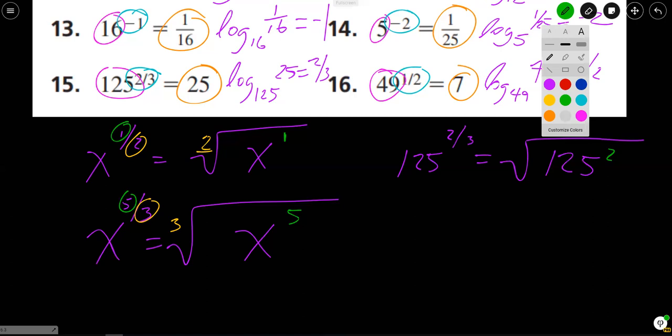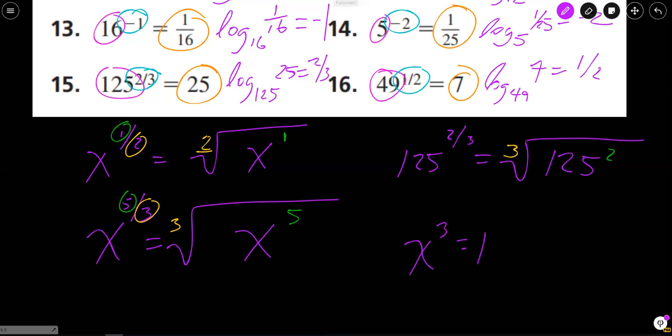What is the third root of that? So what number to the third power will equal 125 squared? Well, you can set up an equation here. This is a little bit weird to think through, but basically x to the third power is 125 squared.